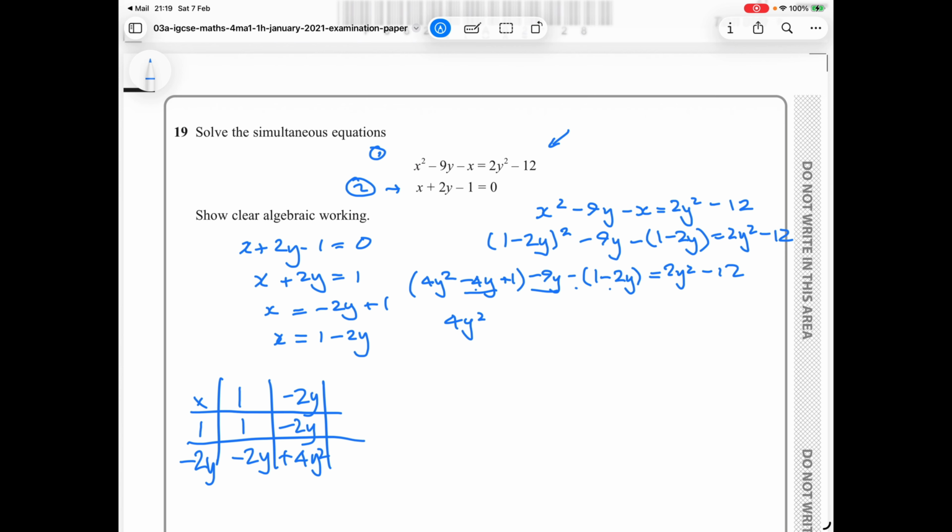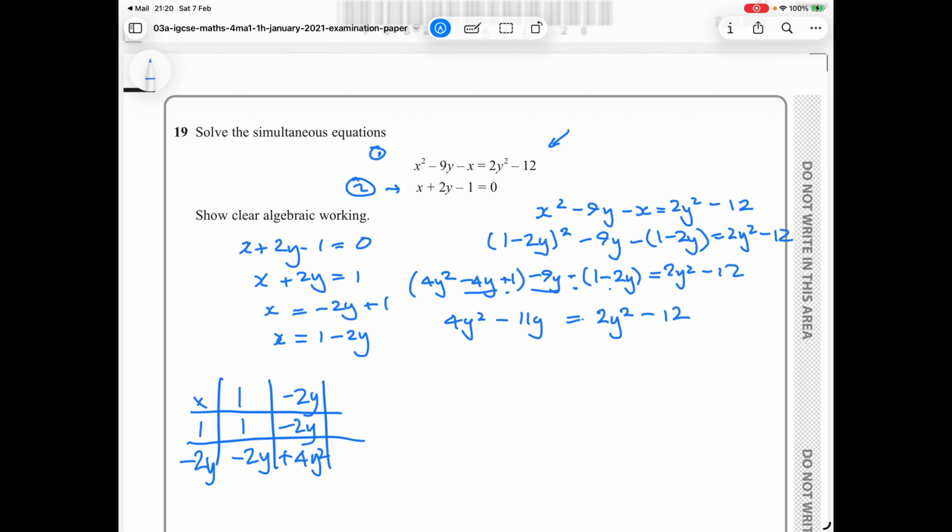So we end up with minus 4y minus 9y, that's minus 13y, plus 2y is minus 11y. It's very easy to get that wrong towards the end. And then plus 1 minus 1, that doesn't exist anymore. So we end up with 4y squared minus 11y equals 2y squared minus 12.